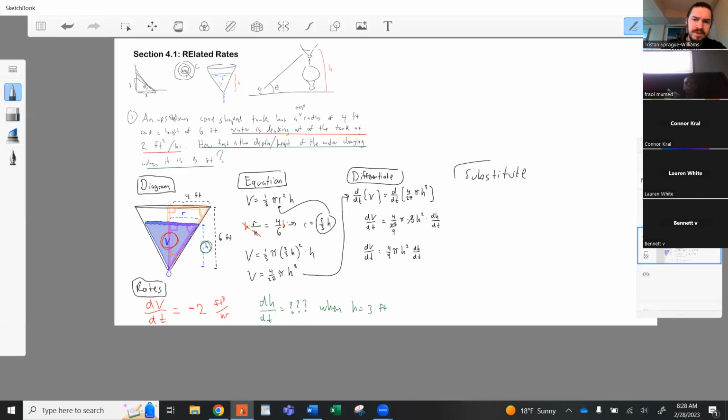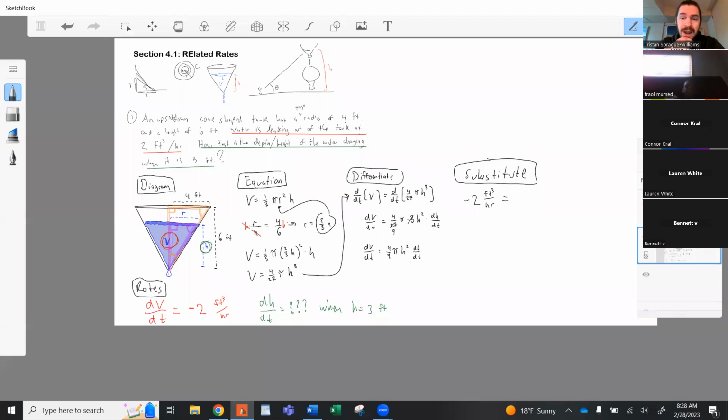So the substitute step is to substitute in everything we know, which is where this stuff comes back into play. Remember, we know the rate of change in V, that's -2 cubic feet per hour, so we can plug that in. So on the left-hand side of the equation where we have the dV over dt, we'll put -2. And I'll keep my units in here, I guess.